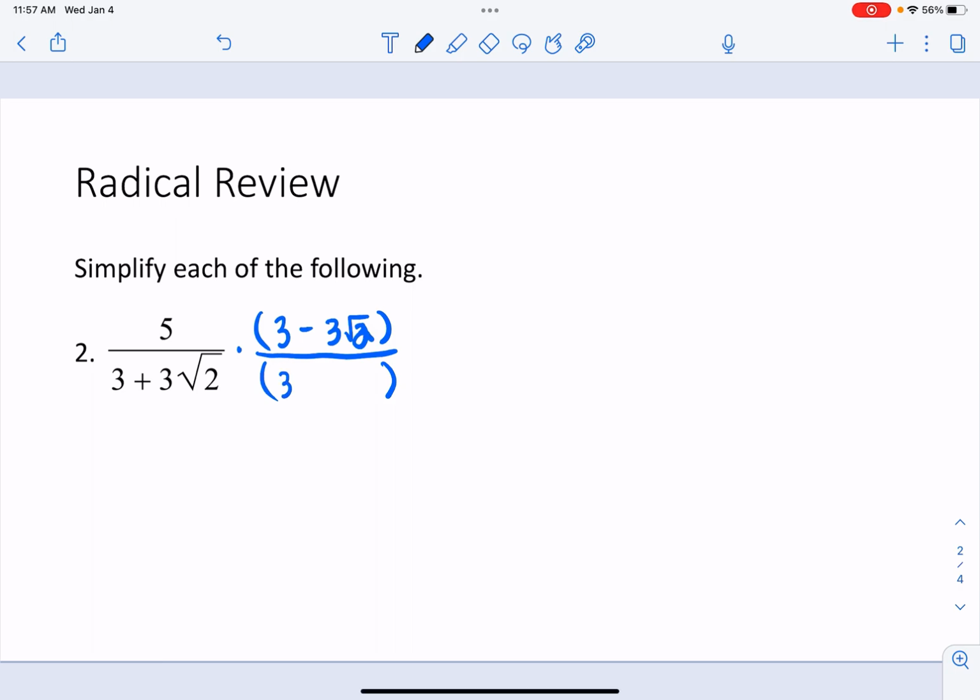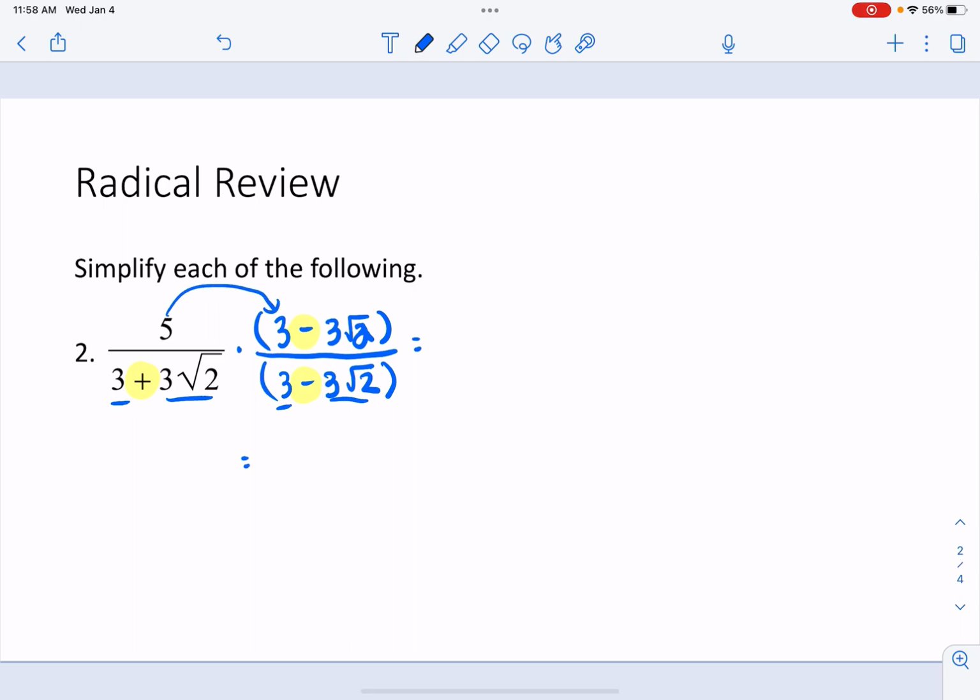So same number in the front, same number as the last term, and all that's different is one's a plus, one's a minus. Okay, so now multiplying this out.